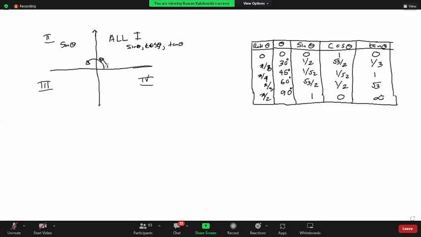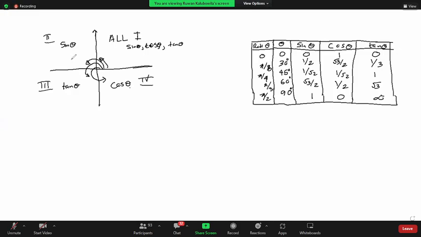Then in the third quadrant, only tan theta values are positive and others are negative. That means in this case sine theta is negative, cos theta is negative, but tan theta is positive. And in the fourth quadrant, only cos theta is positive, others are negative.